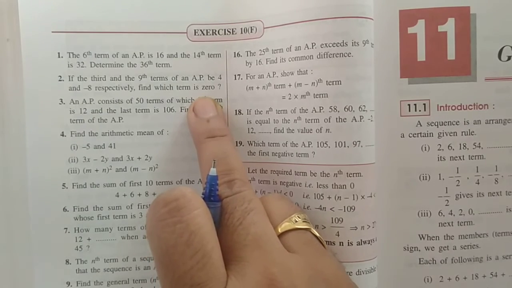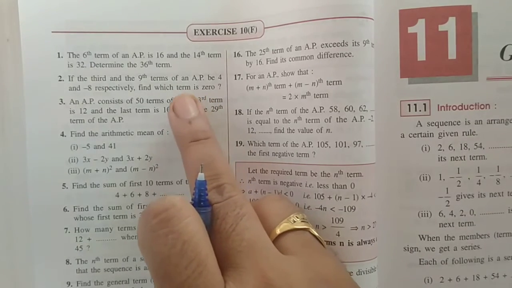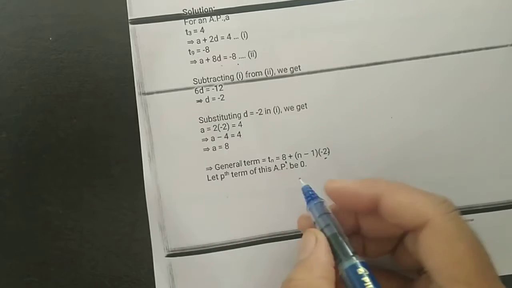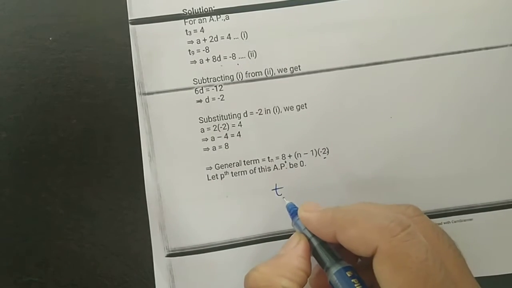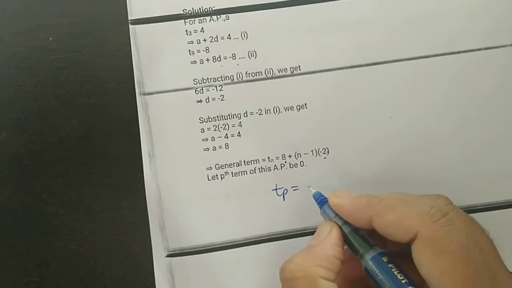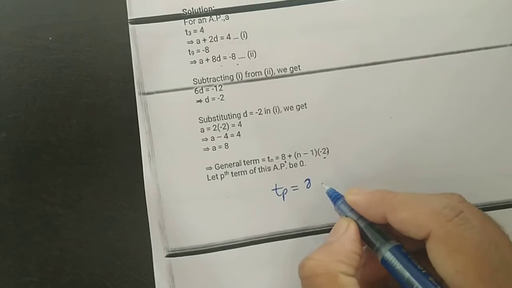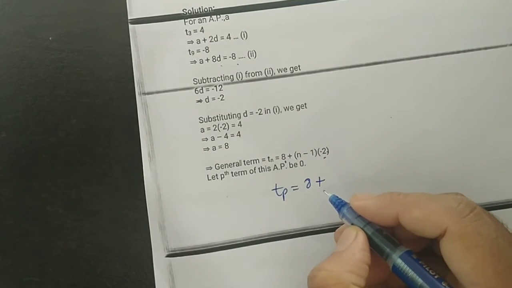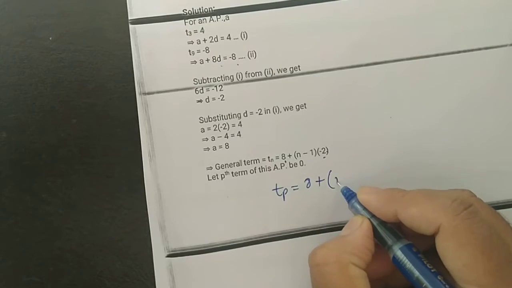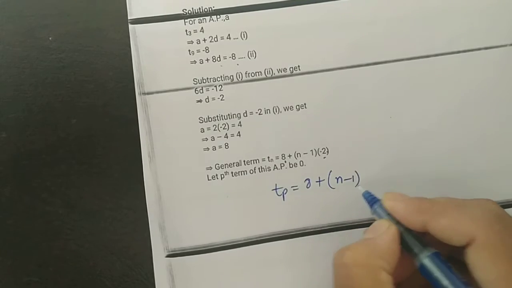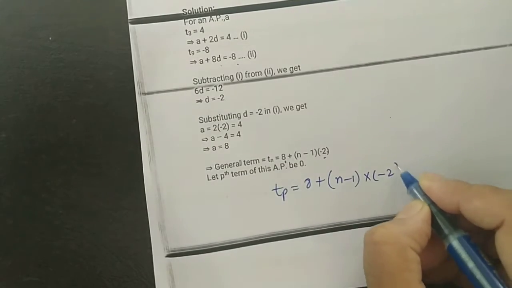So after that, make Tp, the pth term. Then here you will write p, A value you got 8 here. They asked which term is 0, so the term we do not know, n minus 1 and D you got minus 2.